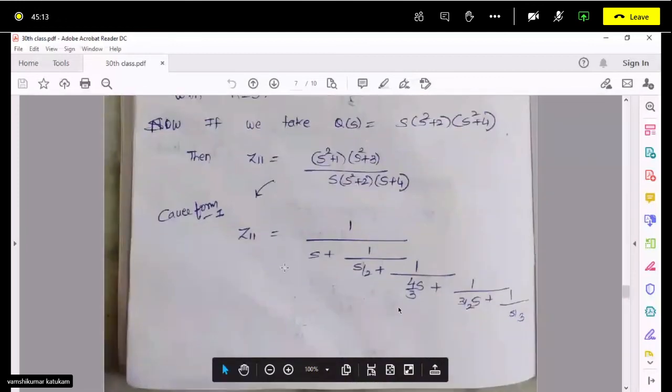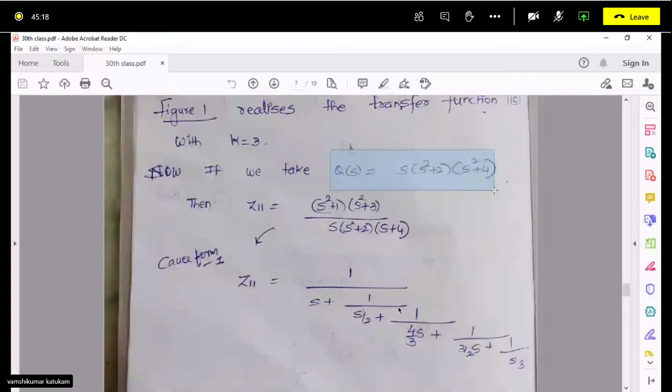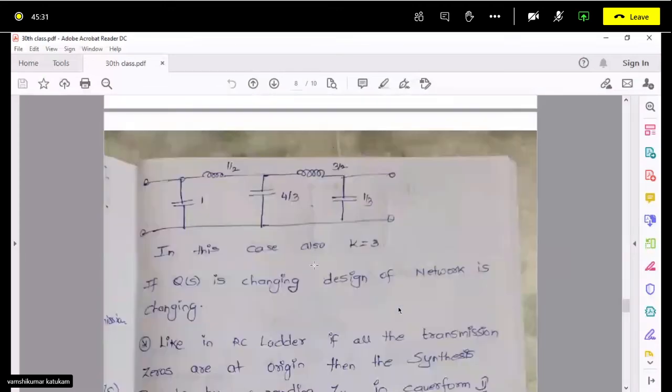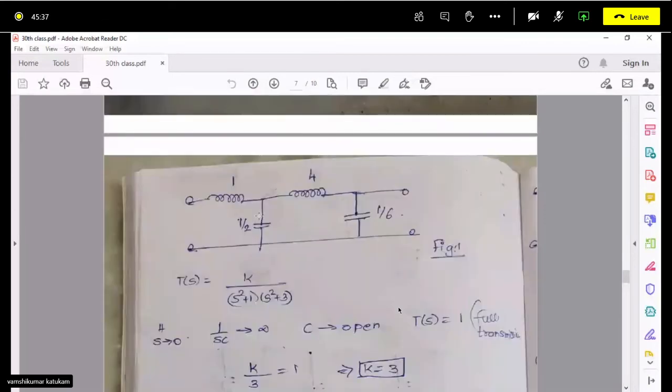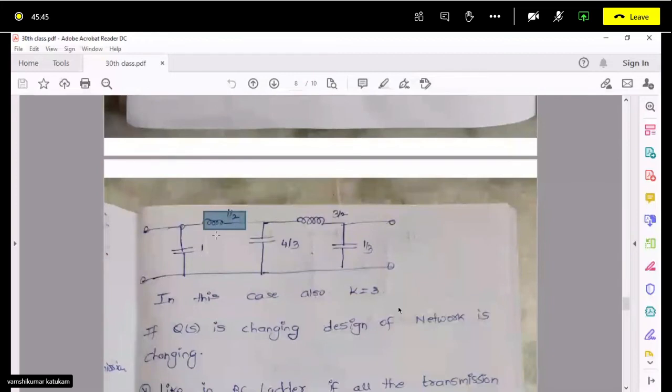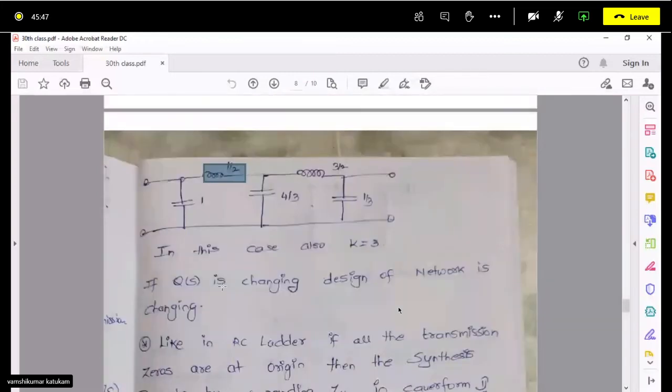For the same transfer function, if you change capital Q(S) to S into S square plus 2 into S square plus 4, where earlier it was S into S square plus 2, then total element values are changing. In the previous case, the element values were 1, 1 by 2, 4, 1 by 6. Here you have changed capital Q(S), so it is 1, 1 by 2, 4 by 3, different values. So if Q(S) is changing, the design of the network is changing.